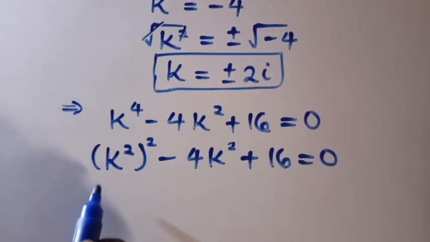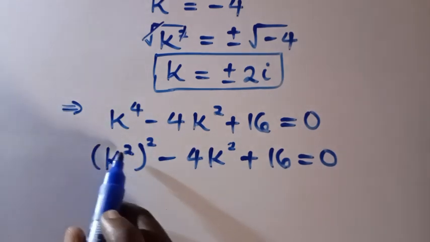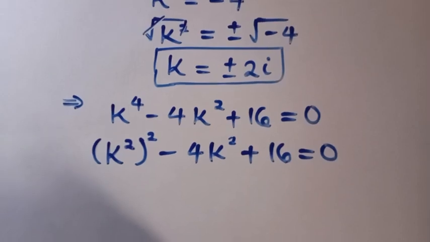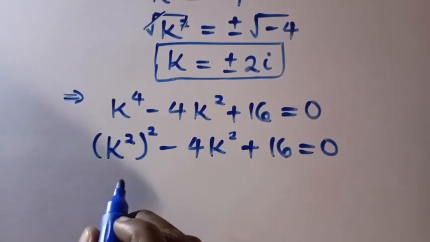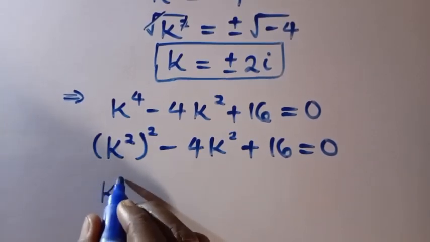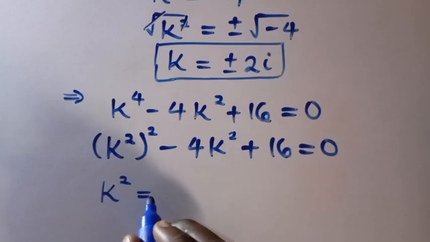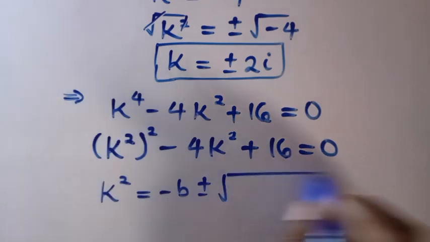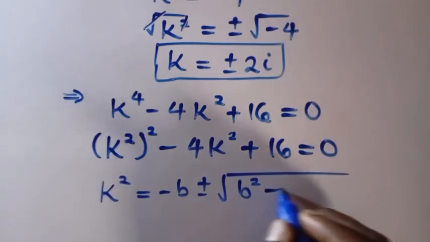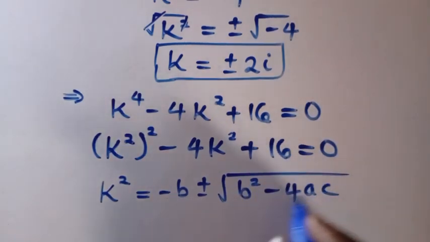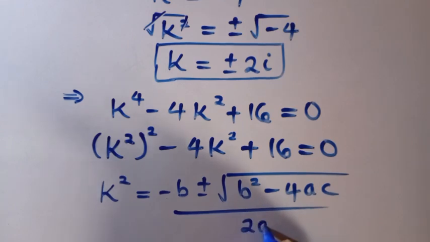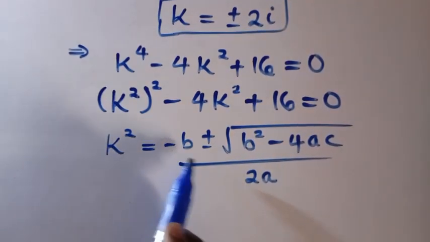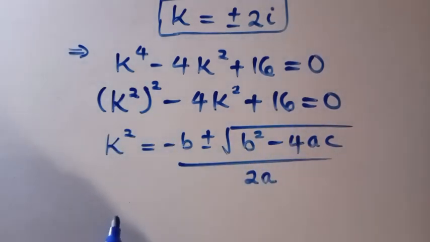Then we consider this as a quadratic of variable k squared, as we are going to apply the quadratic formula to solve this. So instead of x it becomes k squared, which equals minus b plus or minus square root of b squared minus 4ac, divided by 2a. Then we get all the values of a, b, and c from these equations.